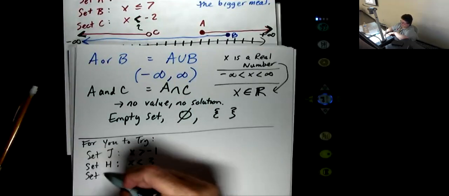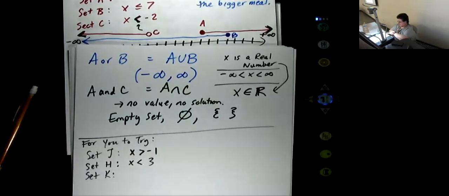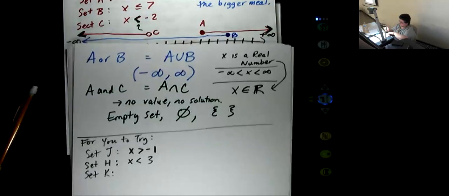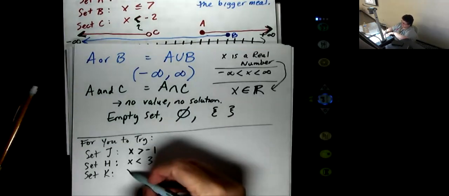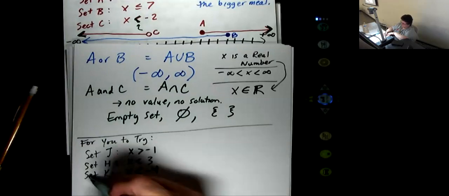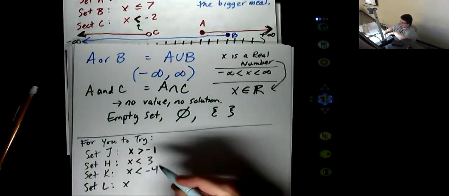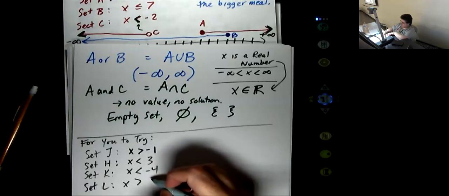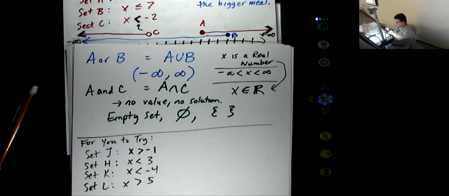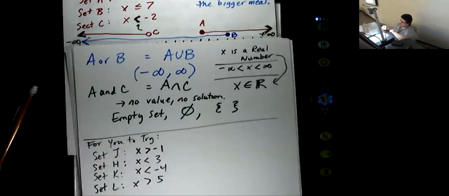Set K will be X is less than -4. And set L will be X is greater than 5. First off, write interval notations for these.